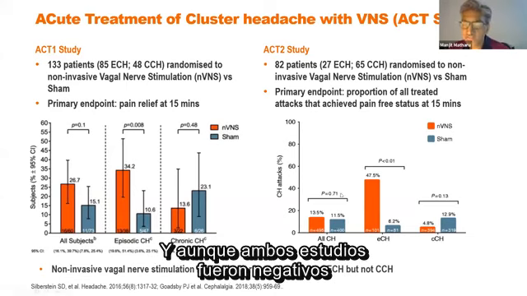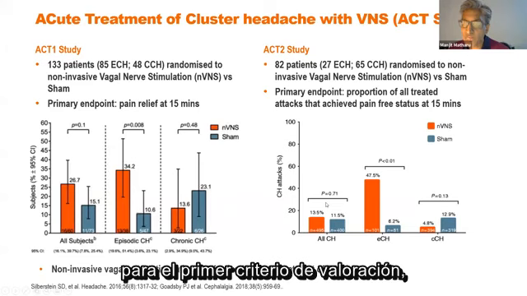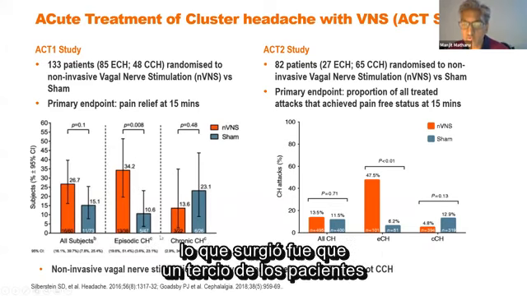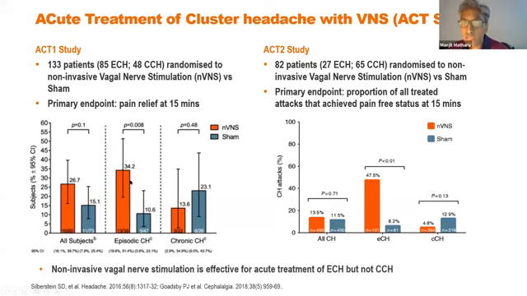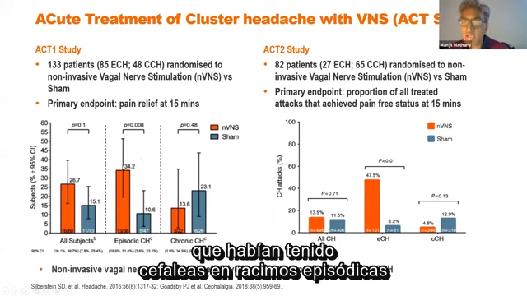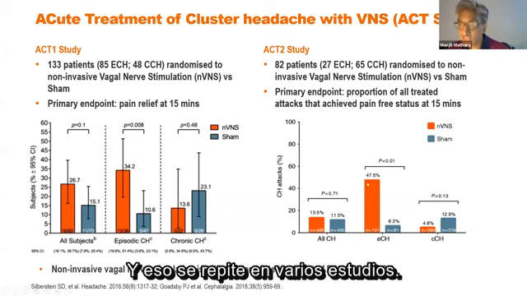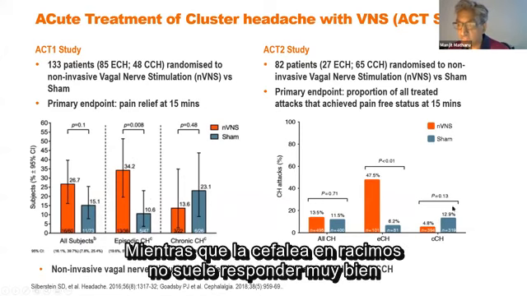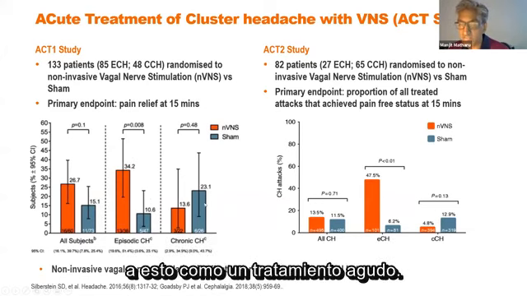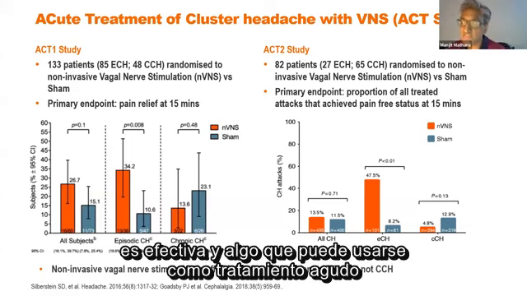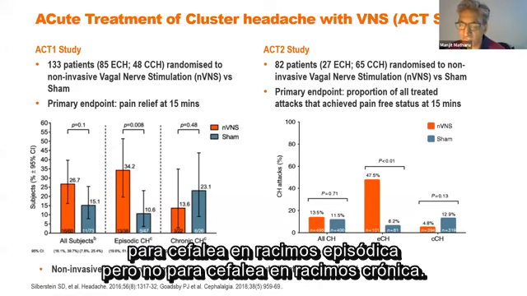And while both of the studies were actually negative for the primary endpoint, in a post-hoc analysis looking at episodic versus chronic, what emerged is that about a third of the patients who have episodic cluster headaches are responders as an acute treatment, and that is replicated in both the studies, whereas chronic cluster headache doesn't tend to respond very well as an acute treatment. So non-invasive vagal nerve stimulation is effective and something that can be used as an acute treatment for episodic cluster headache, but not chronic cluster headache.